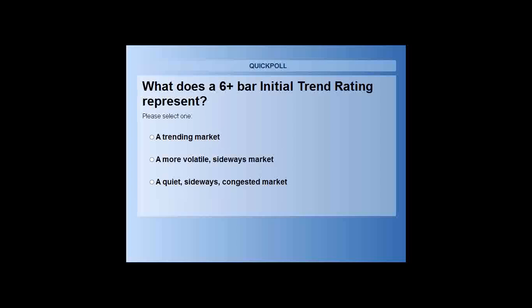And we see right out of the gate, with half voted, over 64% selecting a trending market.